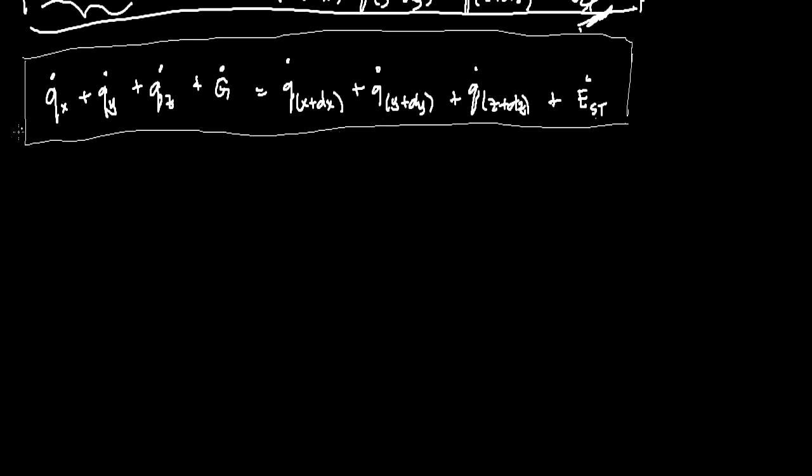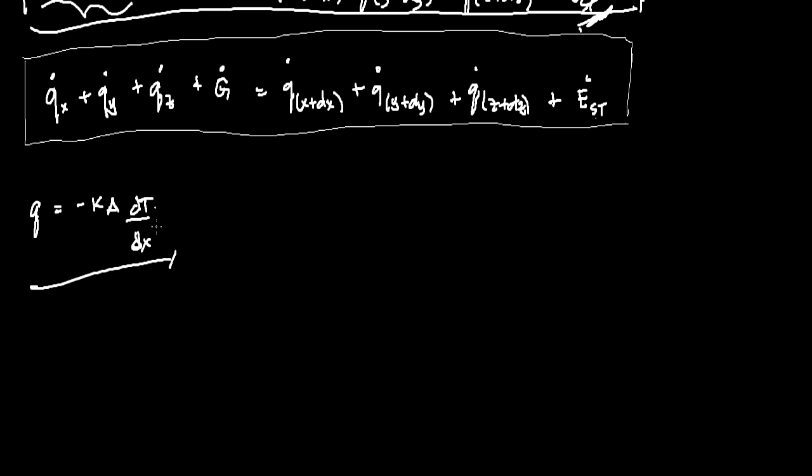Okay, so let us recall from our Fourier's law that our Q is equal to K A dT over dx, right? So we have this term.